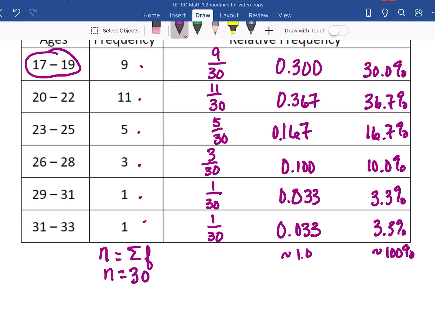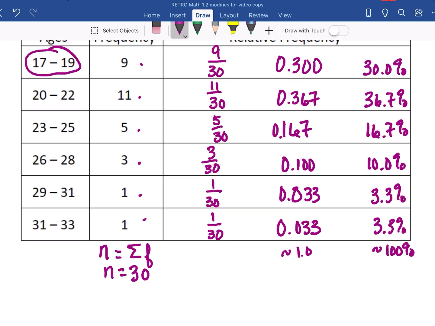It may not be exactly 1.0 because of round off, but it should be really, really close. And the percents may not be at 100. It may be 99.9% or 100.1%. That's okay. It's a round off issue. So just check your work on those. And that's it. Practice the ones that I've given you to practice on, and then check your answers.